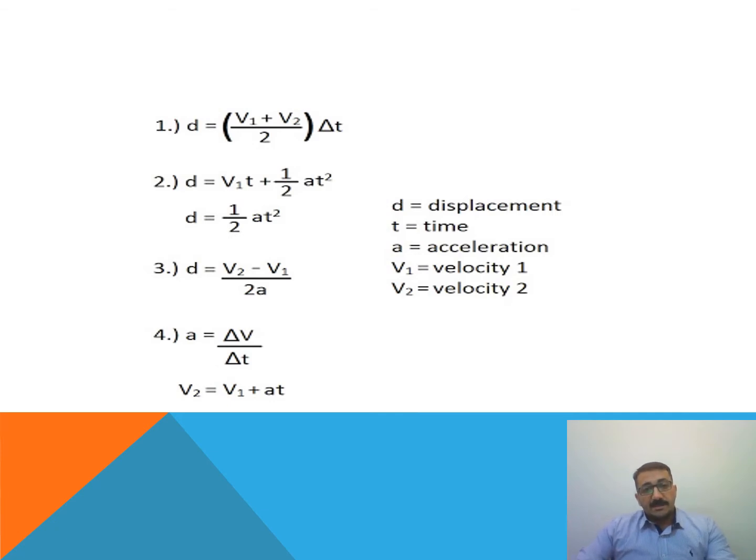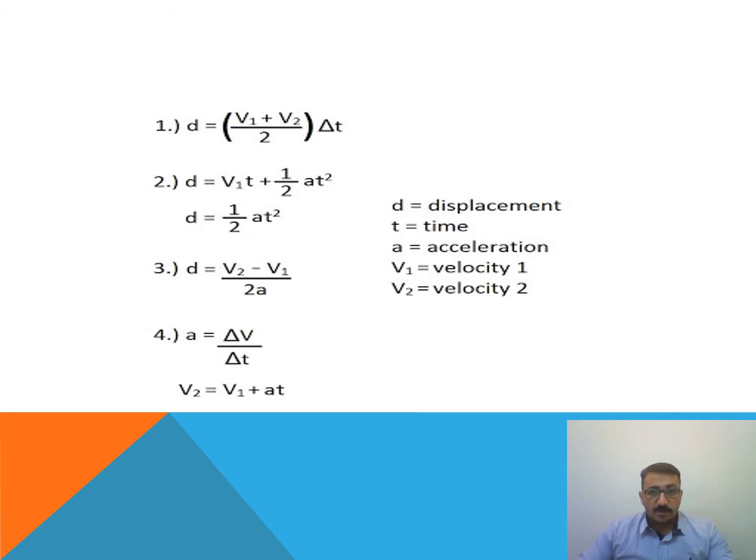In this slide, there are 4 formulas which help us to find the displacement, the time, the acceleration, the v1 and v2, which represent velocity 1 and velocity 2. By this equation, we could find the displacement by velocity and time.